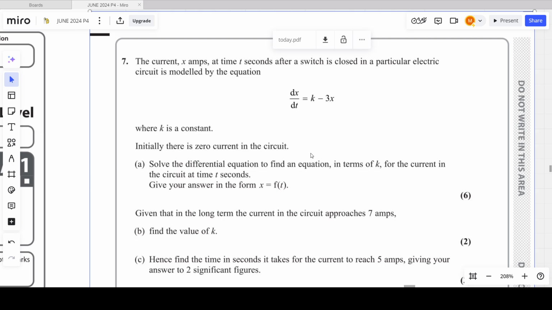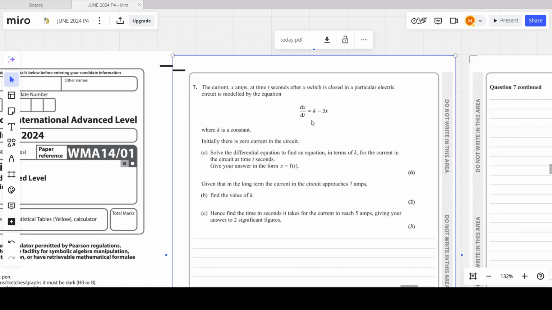Differential equations are a part of integration in A2 pure mathematics, discussed in chapter number 6 of your P4 book. The concepts behind this question will be found in chapter number 6 of your P4 book. Okay, so let's get started with question number 7.